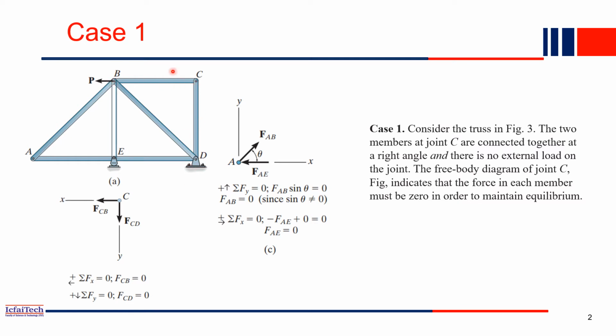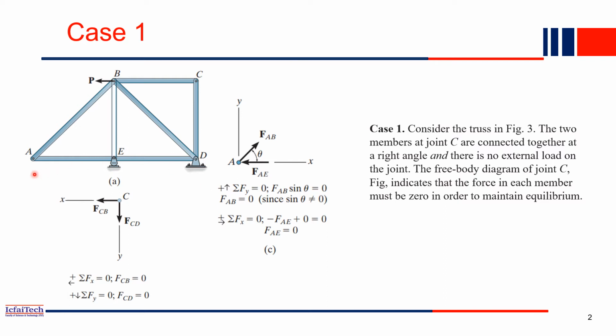So both must be equal to 0 based on these equations. Just by looking, as there is no external force acting, we can tell that these two members will be zero force members. For the analysis, we can simply substitute these two as 0. So our problem will be very easy.